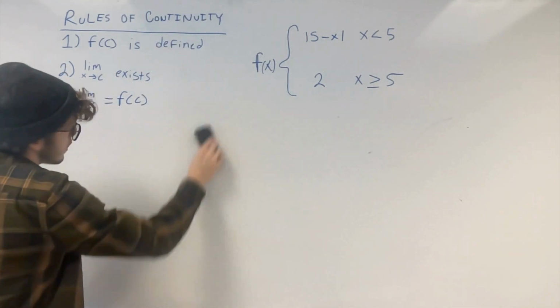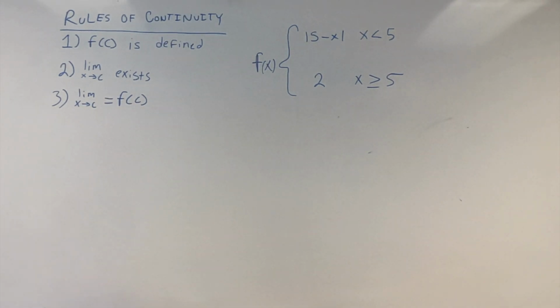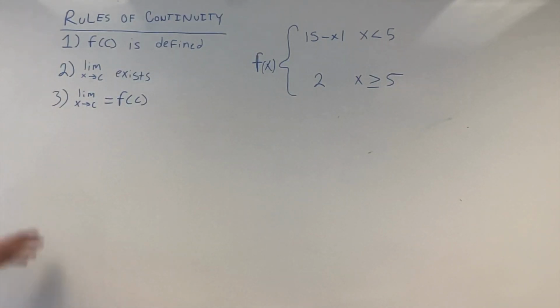There are three types of discontinuity: infinite discontinuity, removable discontinuity, and jump discontinuity, which we will look at today. So the rules for continuity are that, one, f of c is defined, where c is a value that you're trying to approximate, usually where that hiccup is. Number two, the limit as x approaches c has to exist.